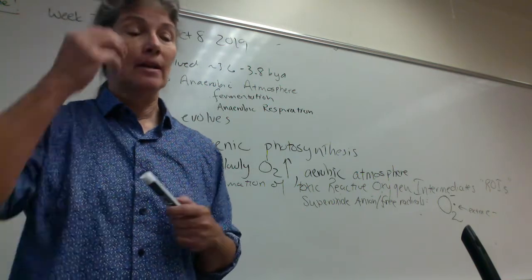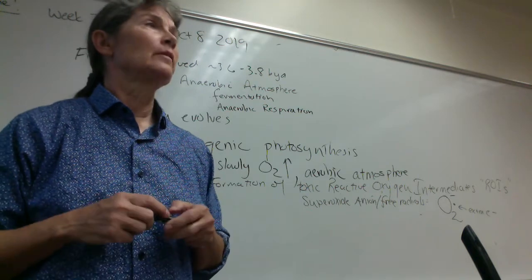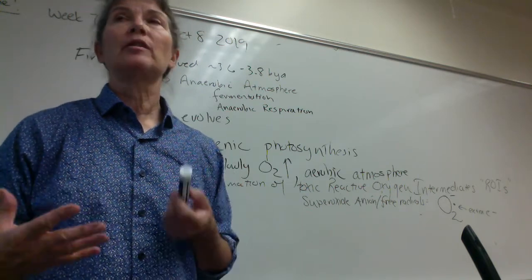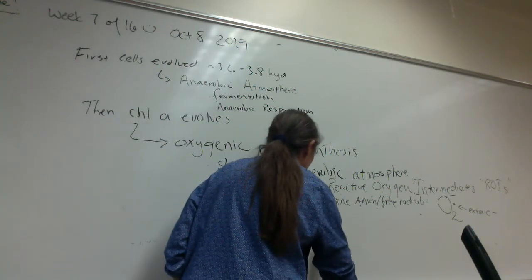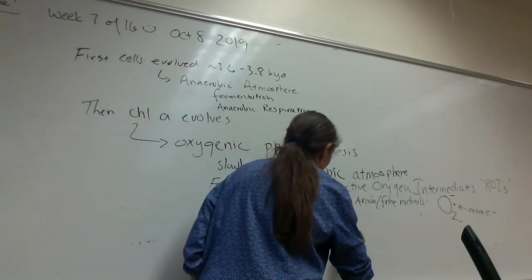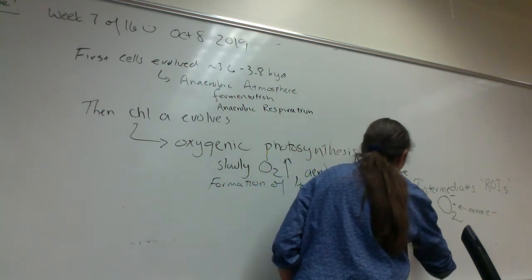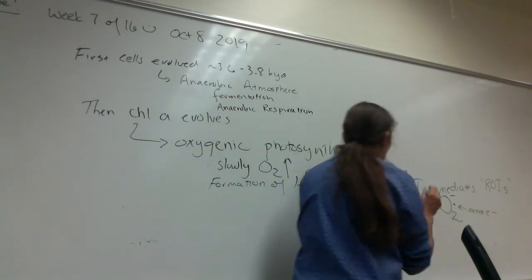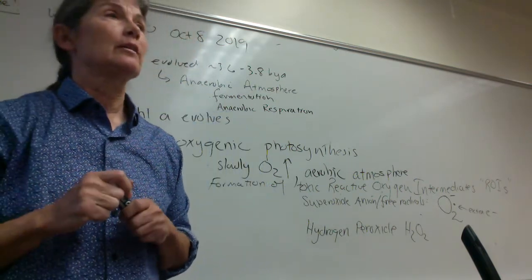Another one of these toxic ROIs that organisms living in aerobic environments are going to be exposed to is hydrogen peroxide, H2O2. Not as toxic as the superoxide anion, but it can still do a lot of damage.